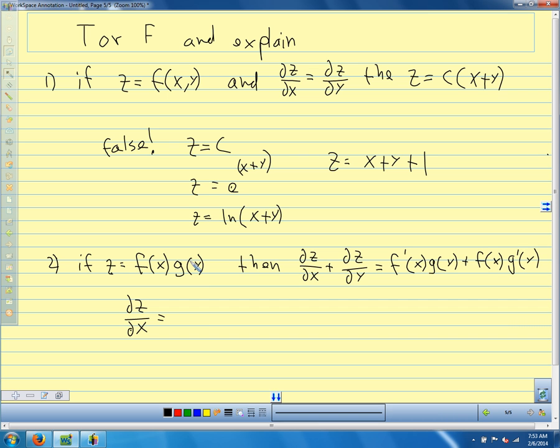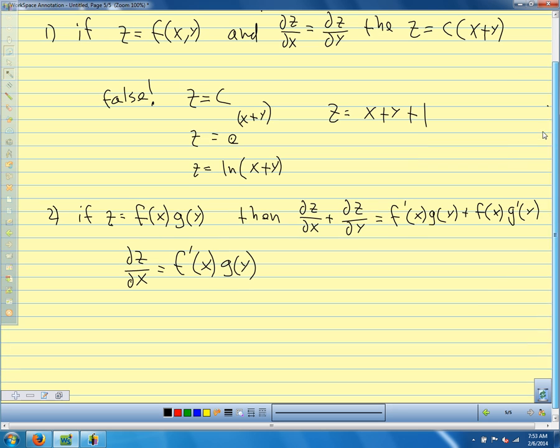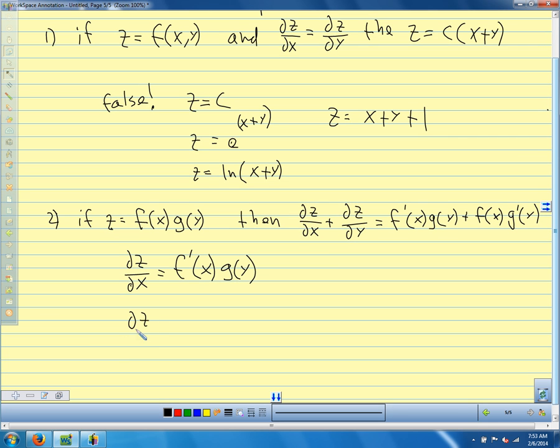A constant. So we have a constant times f of x. How do we take the derivative of that? Isn't it just f prime of x times our constant? And then dz/dy, the partial with respect to y. F of x is a constant, so that's just our constant times g prime of y. And when we add them together, we get this. So that is true.